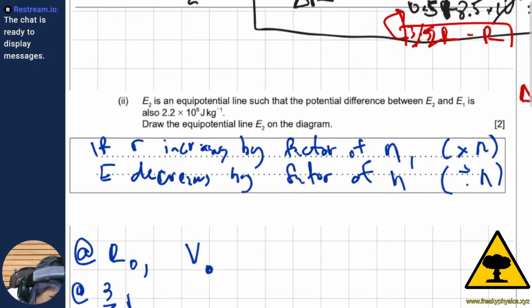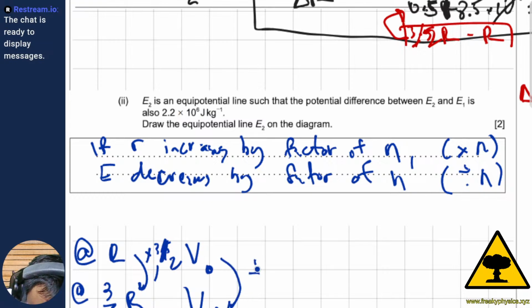In fact, let's not use R0, just R. At R, V0, and at 3 halves R, we have some potential V1, right? So what happened here? This got multiplied by 3 over 2, so going from here to here, this is going to be divided by 3 over 2.